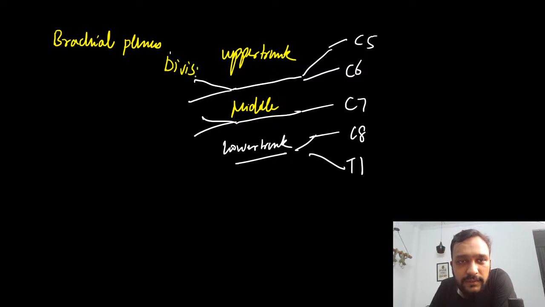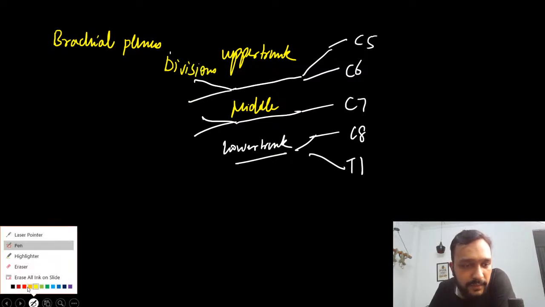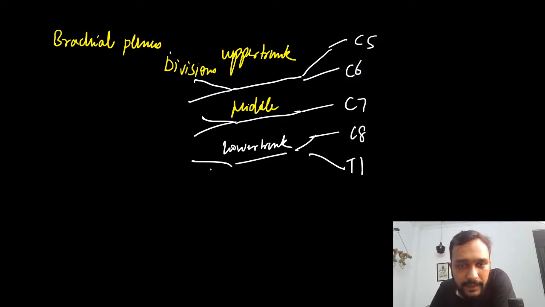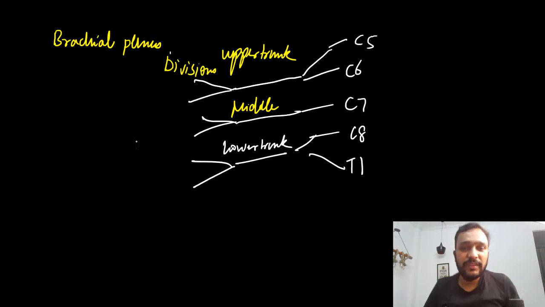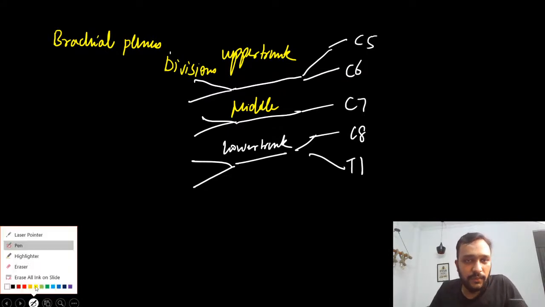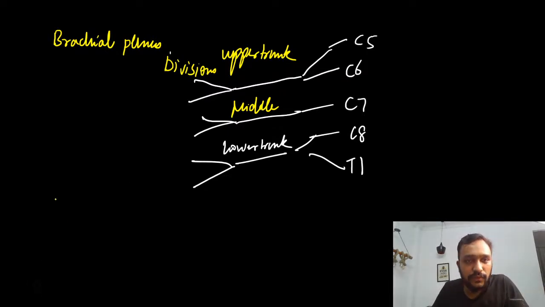These include the anterior and the posterior divisions. Now these divisions will join to form the cords.